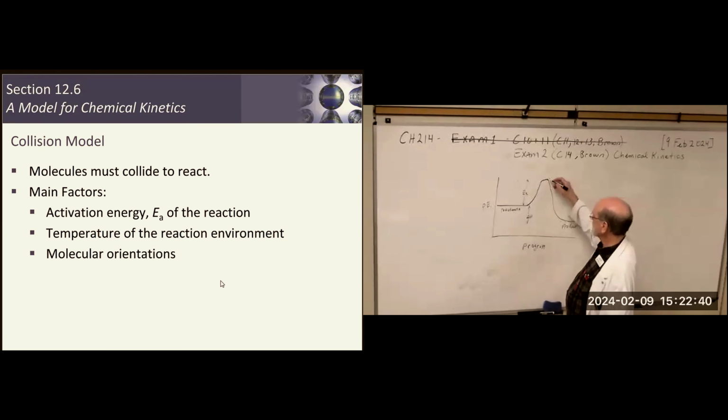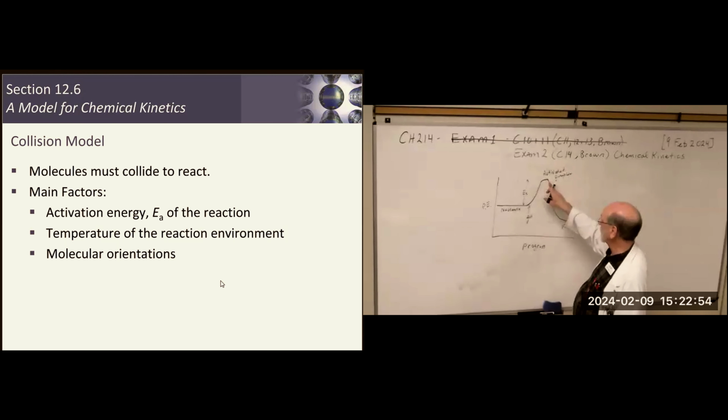Sometimes it's referred to as the activated complex. Once it reaches this point, at the activated complex, it only needs just a slight amount of extra energy to get it over the hill. So if it's up here, it can go down the other side, or it can go back.